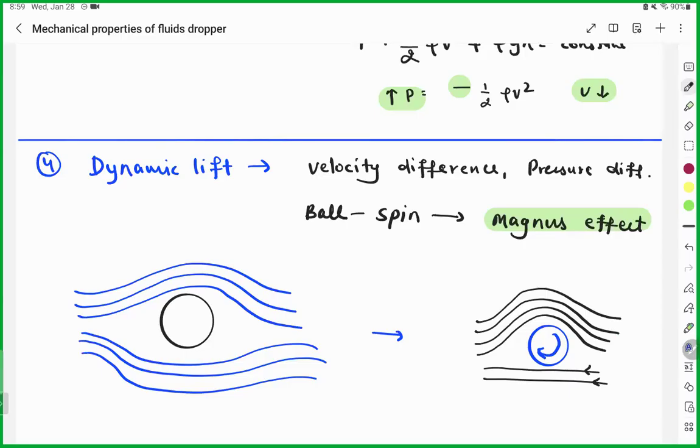If you consider this spinning ball, in this case velocity above the ball will be more compared to the velocity below the ball. If velocity is more, pressure will be less; below, pressure will be more. And if the lower pressure is more, the ball will spin.